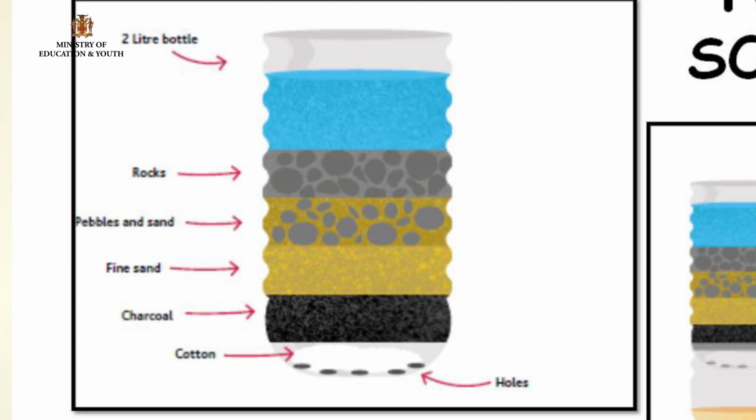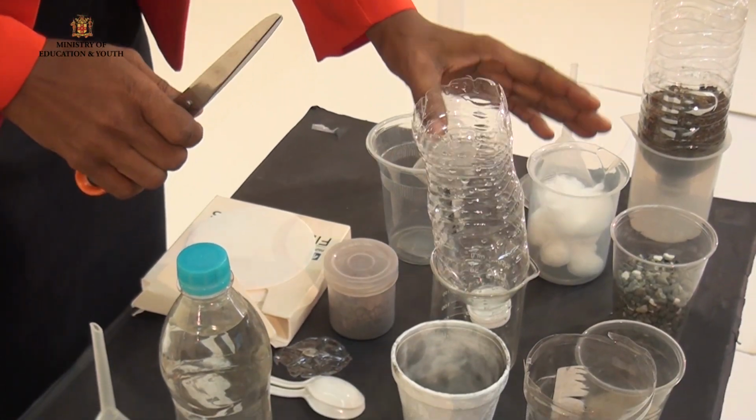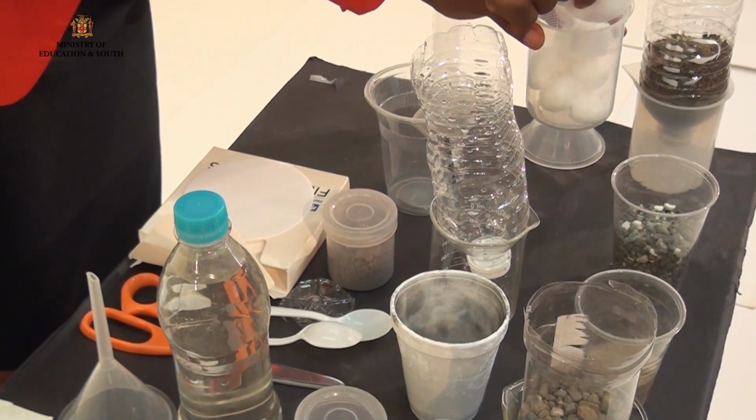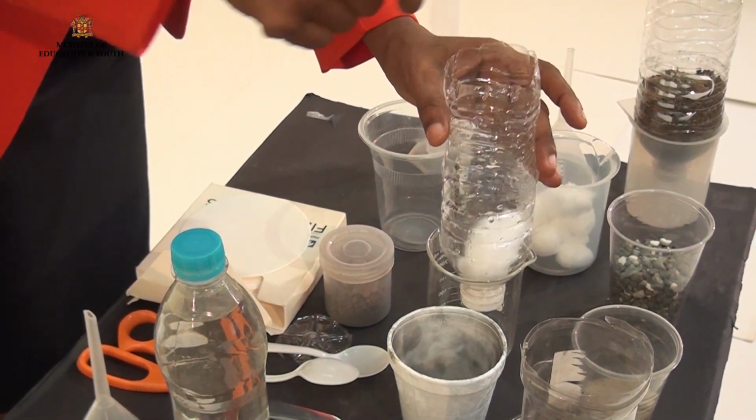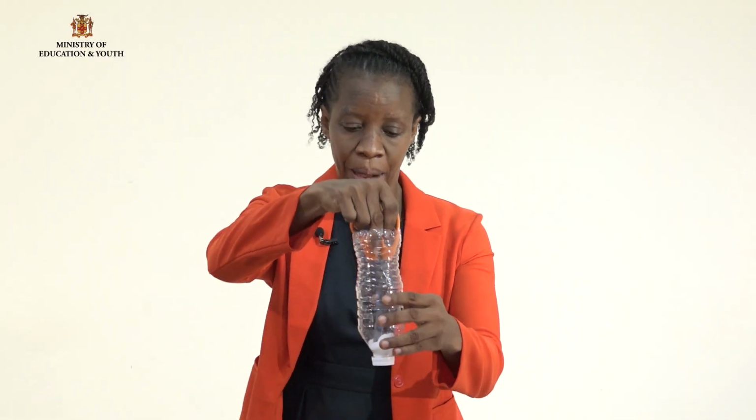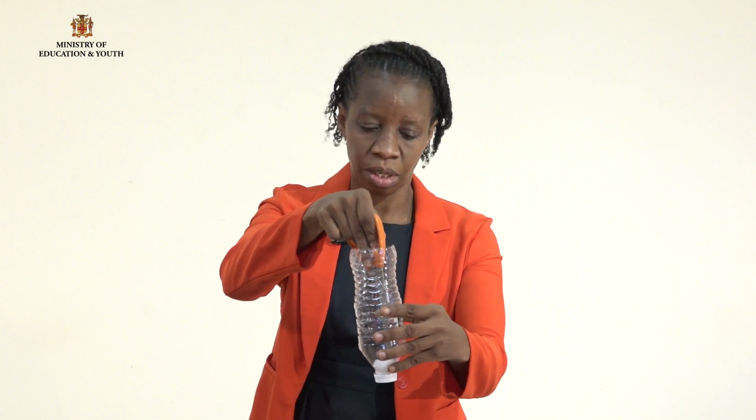If you don't have cotton wool, you could always cover the mouth of the bottle with cloth and wind some elastic bands around it. You can be creative with this. So I'm going to put some cotton wool. I'm sure we can find some cotton wool somewhere. And we are packing it into the bottom, and that is our cotton wool, which represents our first layer.